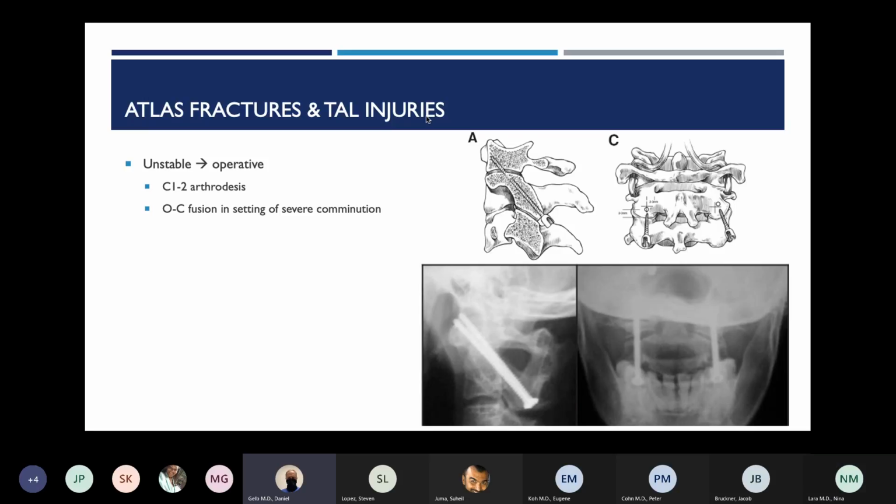That's a significant risk when you do these screws. Now, with navigation, it's probably way less, but we didn't have navigation back in the day, so it was not an innocuous technique, and it's largely been supplanted by Magerl technique or Harms technique screws.